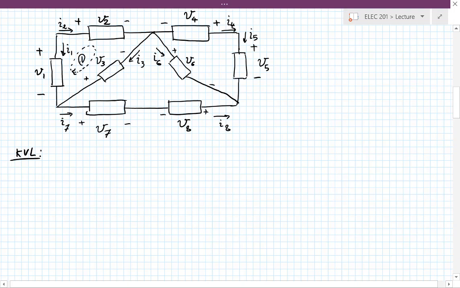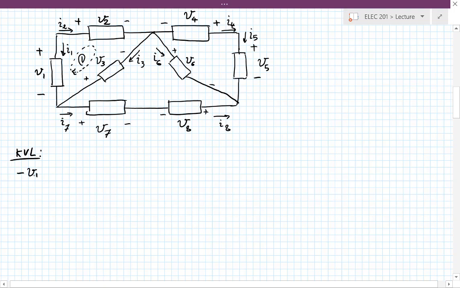And I'm going to write KVL in the same manner that I did last time. Remember, my convention was when I go around the loop for each voltage, if I encounter the negative side of the voltage first, I will add a negative sign in front of it in my KVL equation. That does not imply anything about the voltage being negative. It's just what exists in KVL. So minus V1.